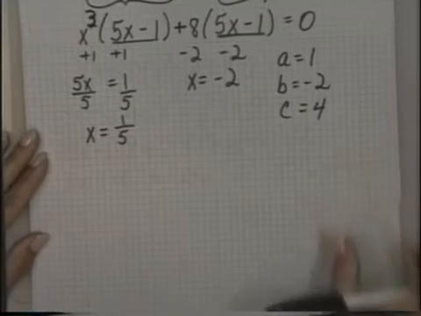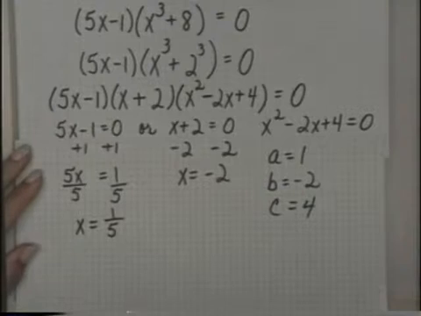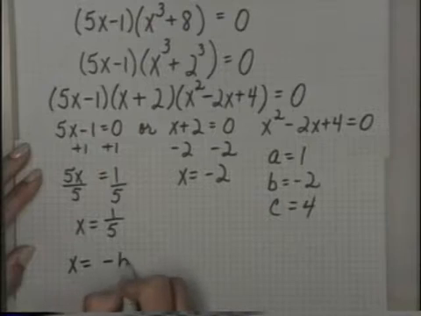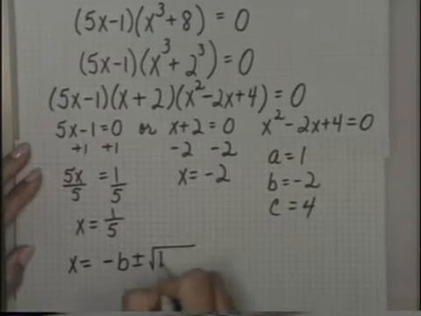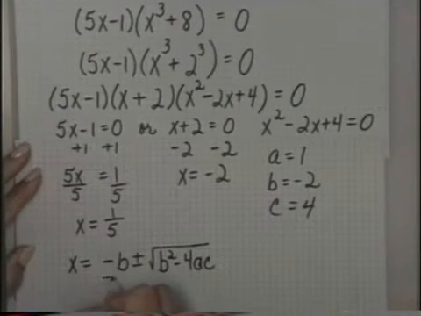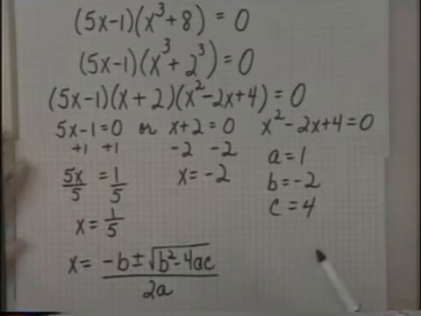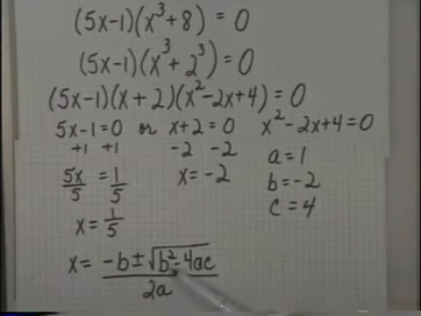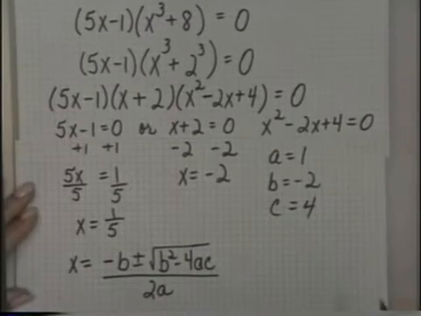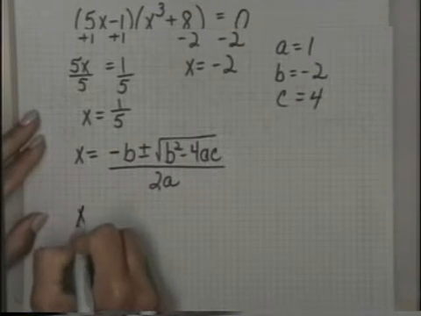Now remember that for my quadratic equation, to use my formula, my x solutions equal minus b plus or minus the square root of b squared minus 4 times a times c all over 2 times a. So let's replace my a, b, and c in this formula. Of course, the a, b, and c are found when the equation's in standard form, and we've already done that.